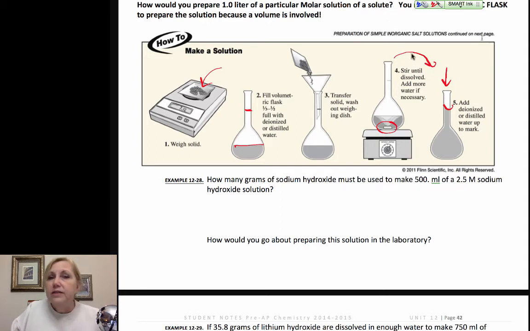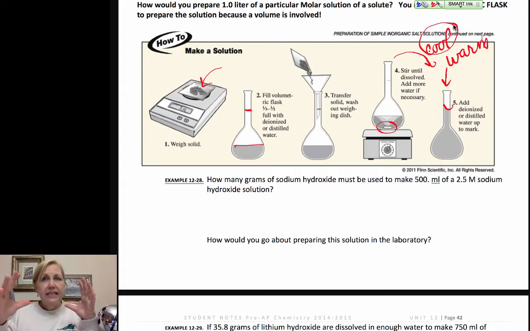If it was an exothermic or endothermic dissolving process, you may have to allow it to cool or warm up if it got cold. More likely it's exothermic and you have to let it cool. And that's because volumes expand and contract with temperature, right? So if it gets hot, it's going to expand with temperature.